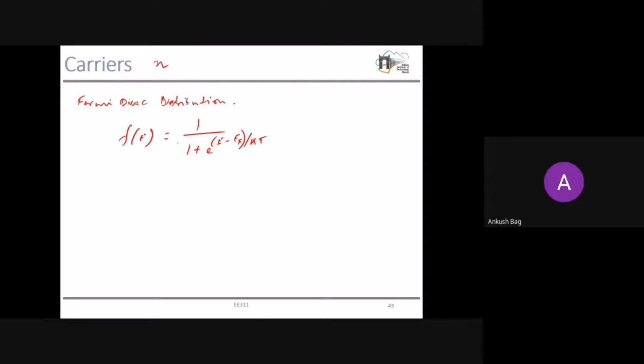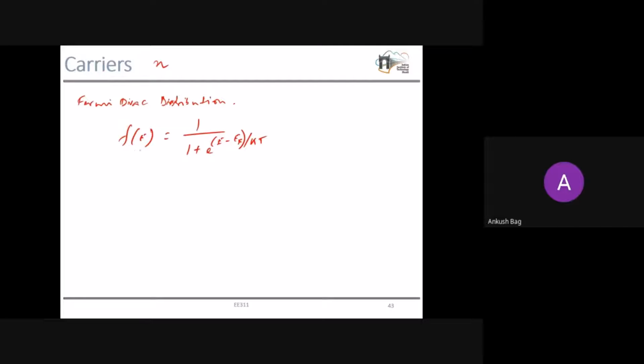Now, what is the implication of this equation? What information can we get from it?